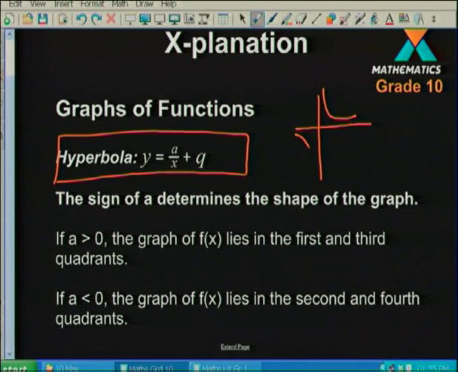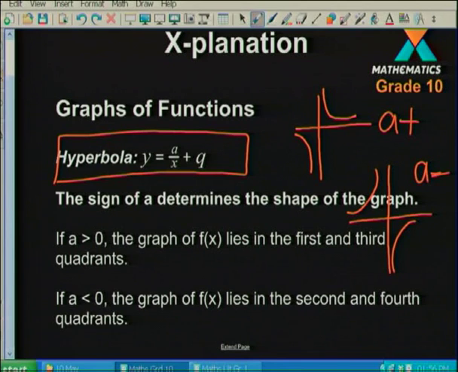So like that and like that, if a is positive. However, if a is negative, my graph will lie in the second and in the fourth quadrant. So a determines which quadrants my graph lies in. That's the first thing.